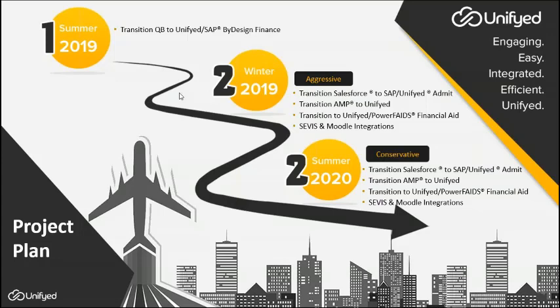So each institution really has a separate timeline, and that has nothing to do only with size of institution. It has to do with people, systems, priority, what's going to move, what's not going to move, staff availability. A lot of factors go into the plan. And most importantly, this plan is the way it is because the president said, I want to go live by December 31st.